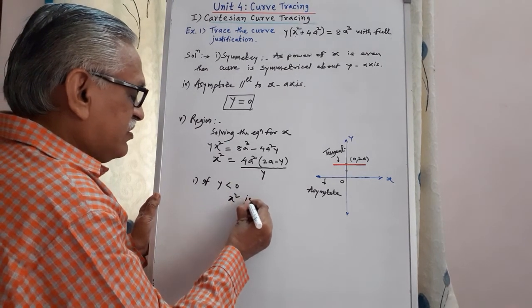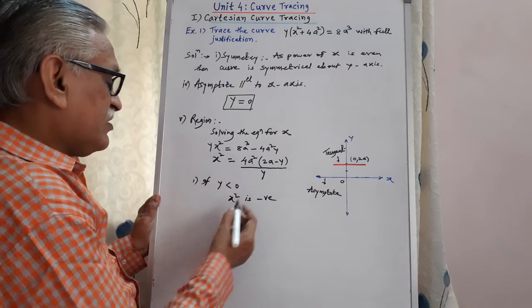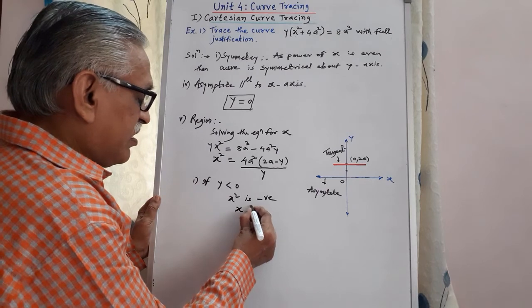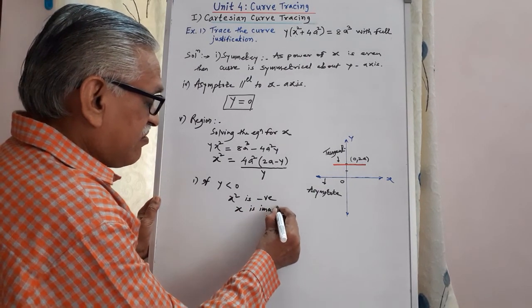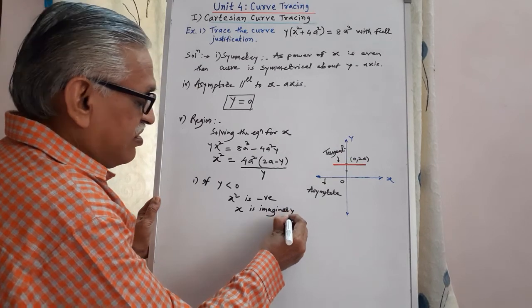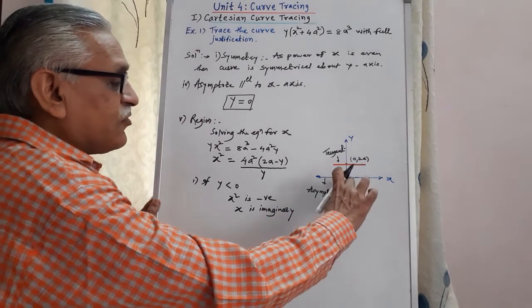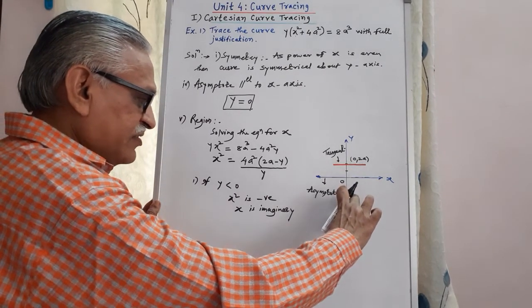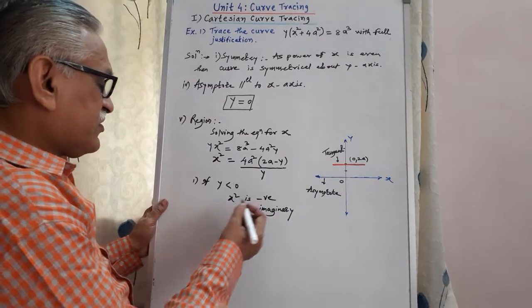X square is negative, and as x square is negative, if we take the square root, x is imaginary. Imaginary means the curve does not exist. Therefore, for negative values of y, the curve does not exist.